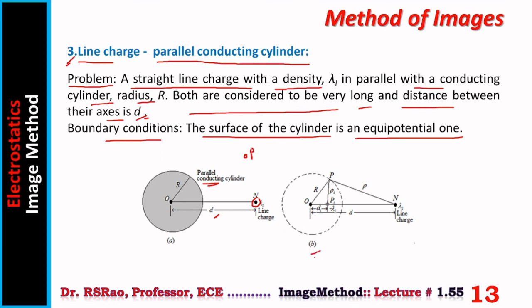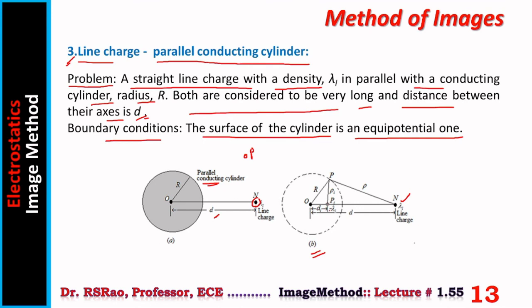Now, in B is shown another configuration. This configuration involves two line charges. One is, of course, the original line charge lambda L. The second one is another line charge. It is used to replace the conducting cylinder.